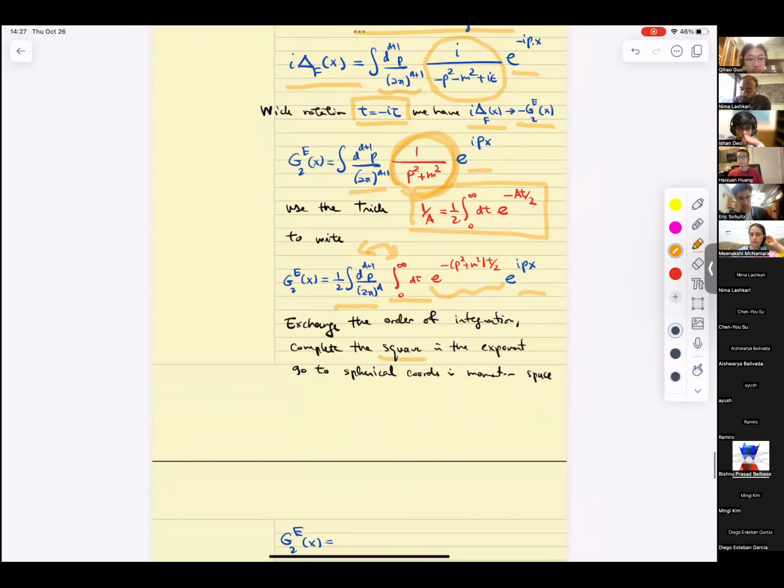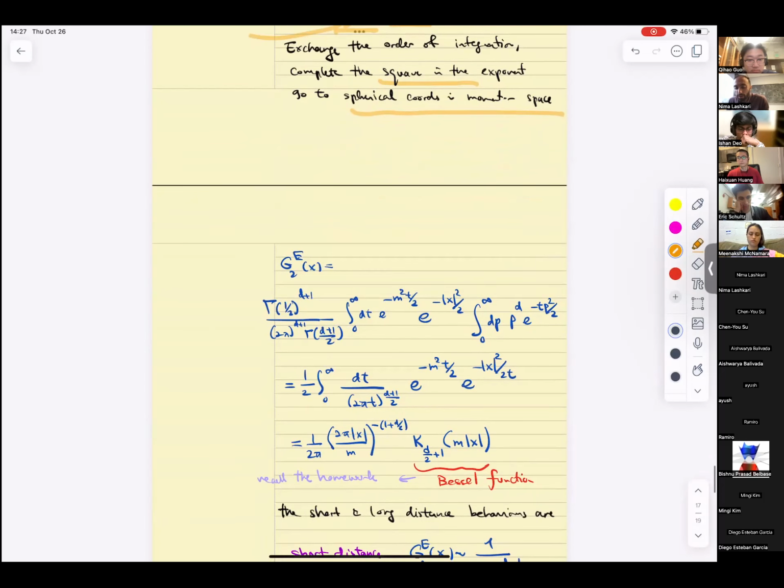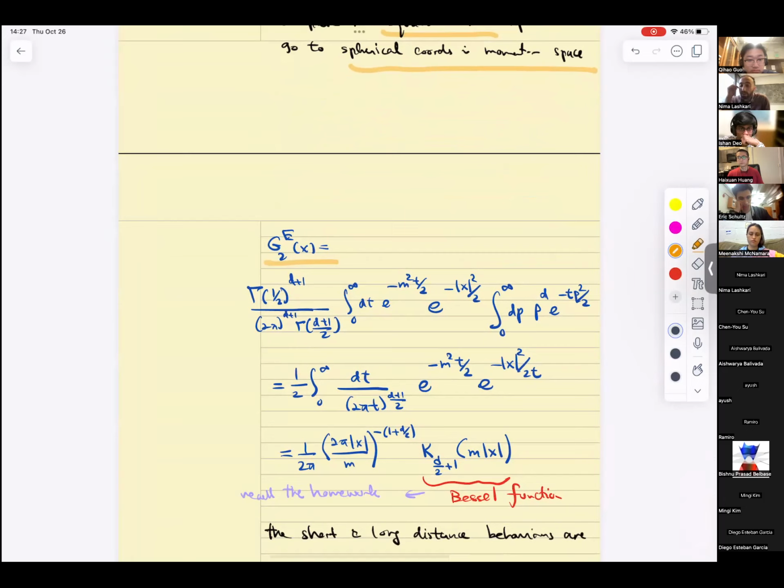Then you complete the square in the exponent, go to spherical coordinates in momentum space because this is a d+1 dimensional integral. After you do these 3 steps that you will do in the homework, you'll find that the thermal 2-point function will take the following form, which might look ugly at first, but it's actually super intuitive.